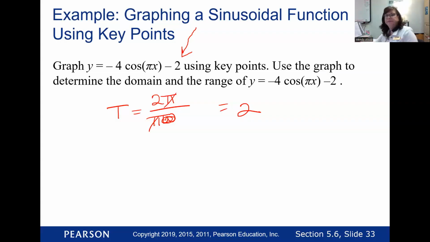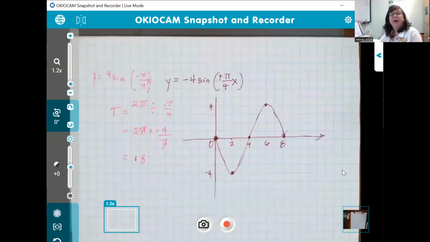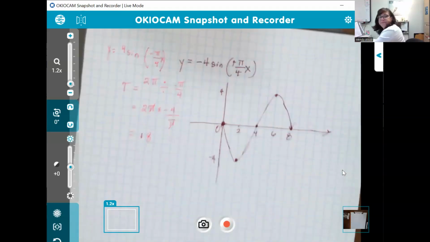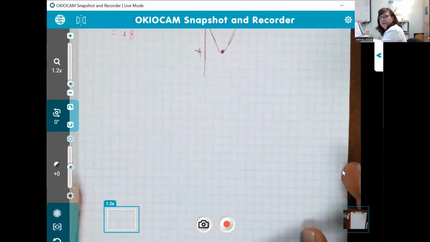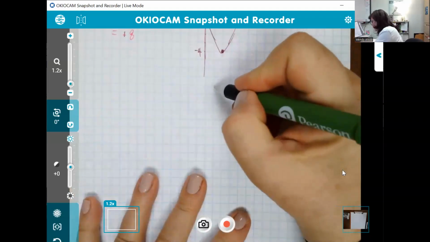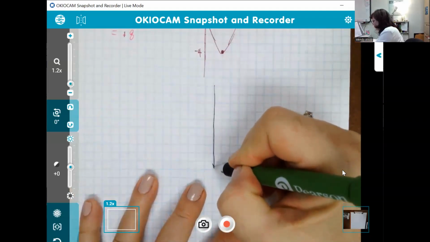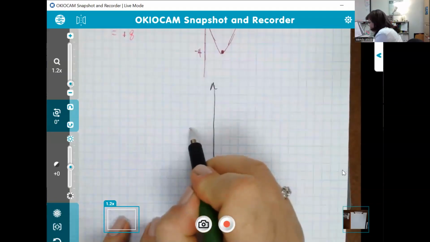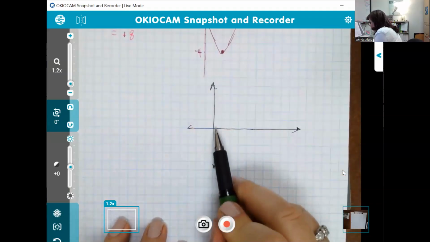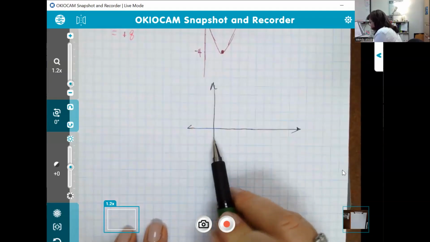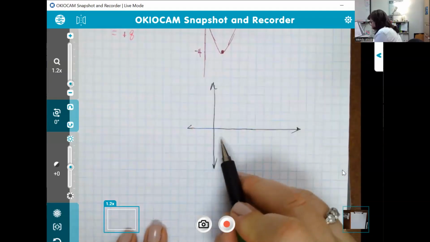All right, so let's go back to our thing here. Now we've got a period of 2, so let me make a new graph. We are going from 0 to 2.